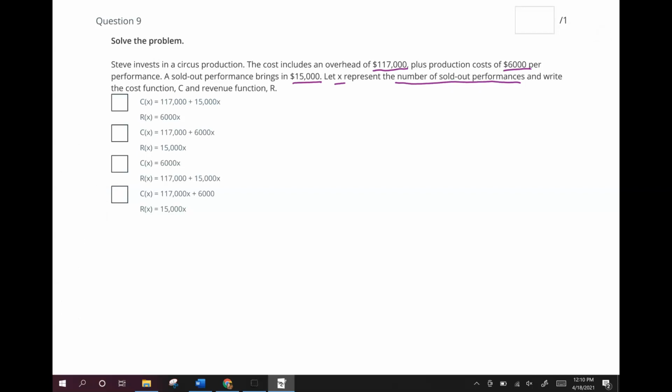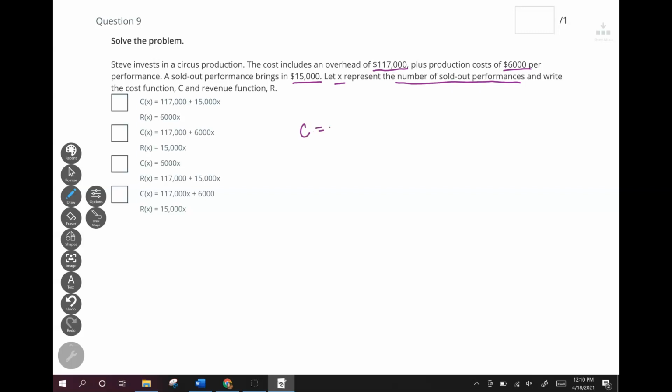So let's look at cost first. Cost is an overhead. Overhead means like the initial fee. So think he's renting this, he's having to pay for that, he's having to pay these people, whatever. The overhead is going to be $117,000. So that's his initial cost. Plus production costs of $6,000 per performance. So every time he does a show, another $6,000. So that would be times X, the number of performances he does.